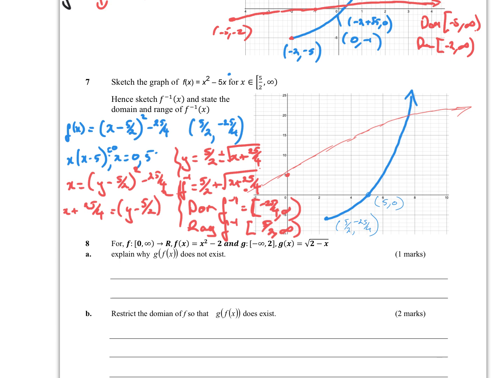Let's go to question 8. I'll go to a green. X squared minus 2, explain why the composite function does not exist. So straight away, we're going to draw a domain range table.